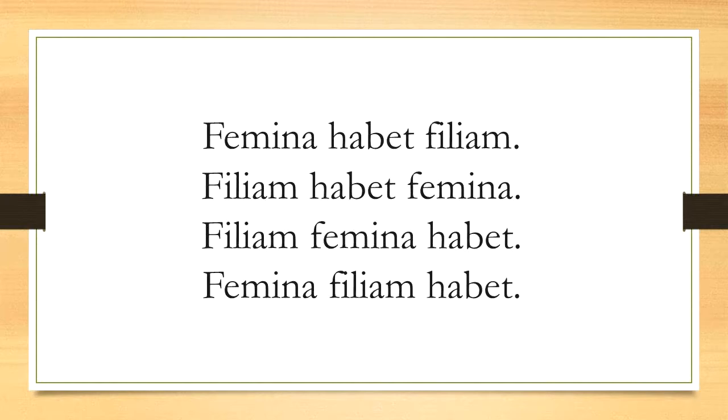In all these arrangements, you know that the subject is the woman, because the word for woman has the subject ending, the A. Similarly, you know that the daughter is the one being had, the object of the verb habet, because in each of these 4 sentences, it is the word for daughter, filiam, that has the am ending, the object ending.